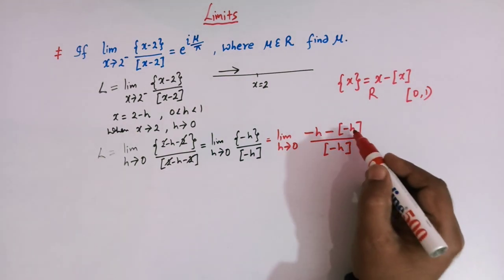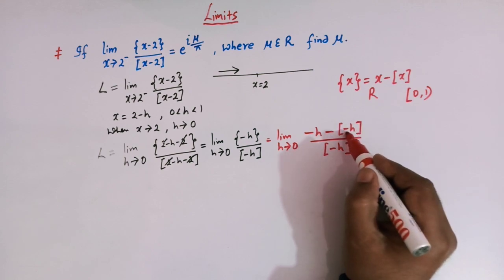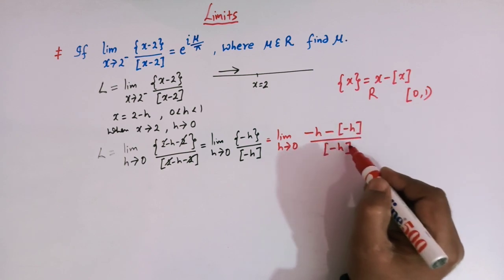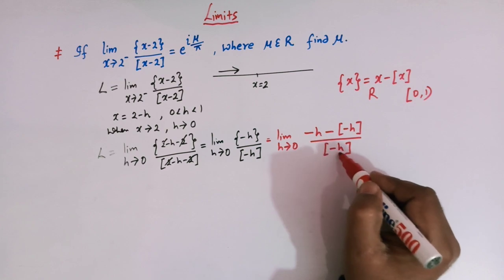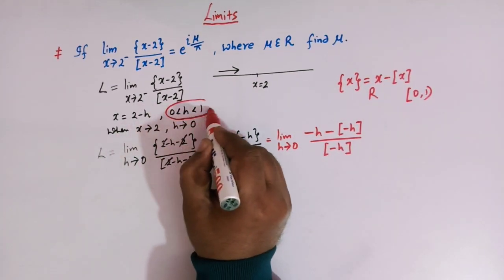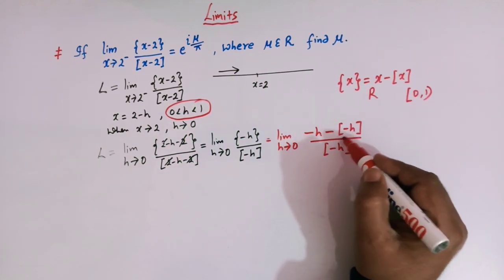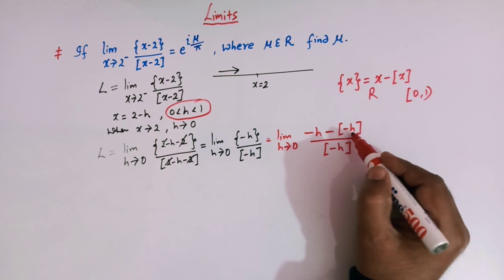Okay, now here see, in the numerator we have greatest integer of minus h, and in the denominator also we have greatest integer of minus h. So now we'll use this inequality to assign a value to greatest integer of minus h, right?